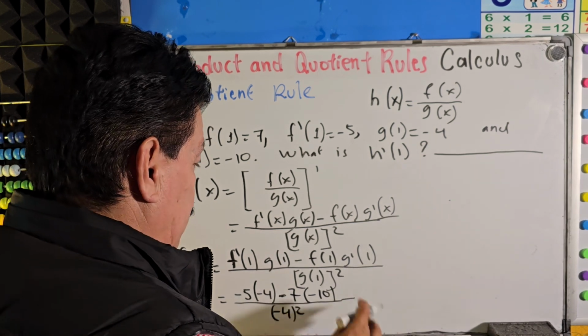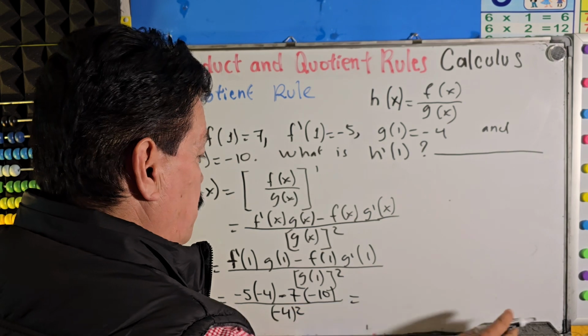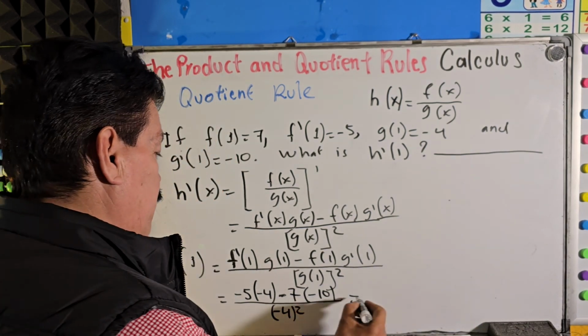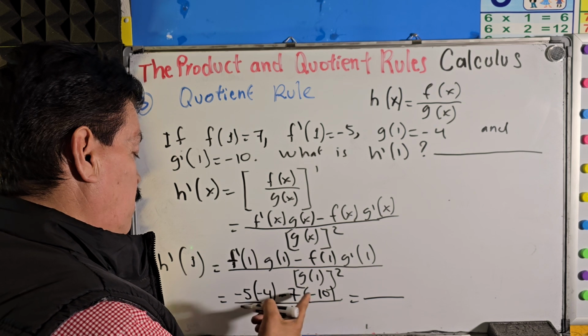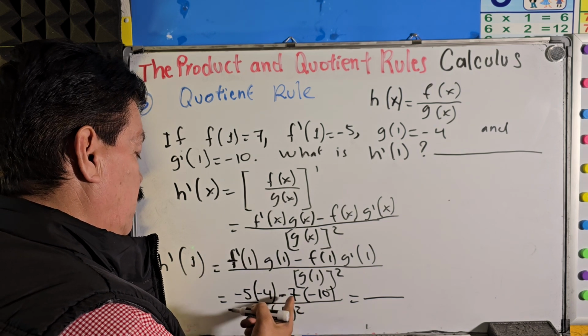If we continue simplifying here, on the top we will have 20 plus 70, positive numbers.